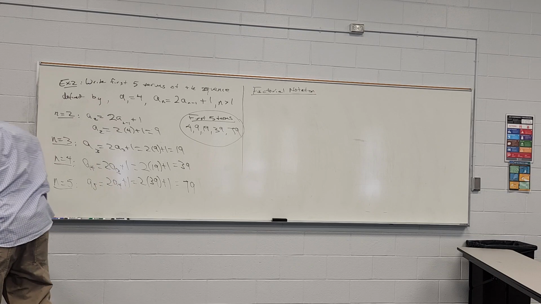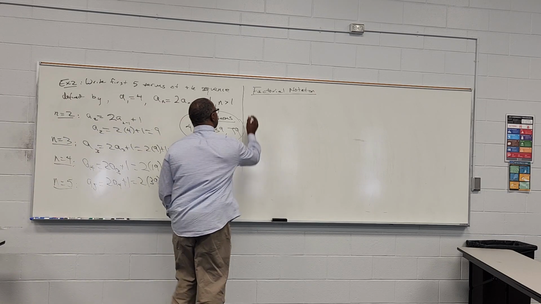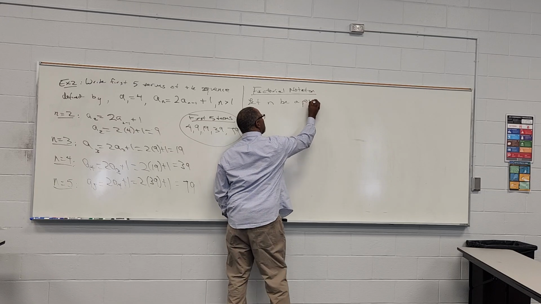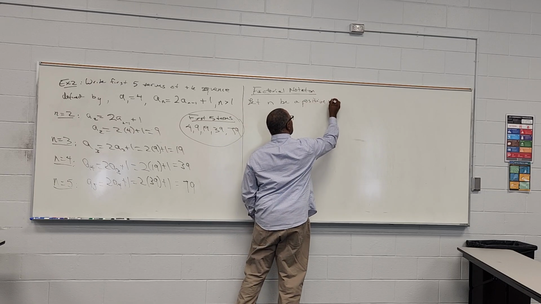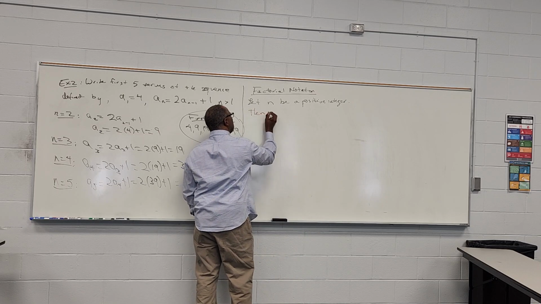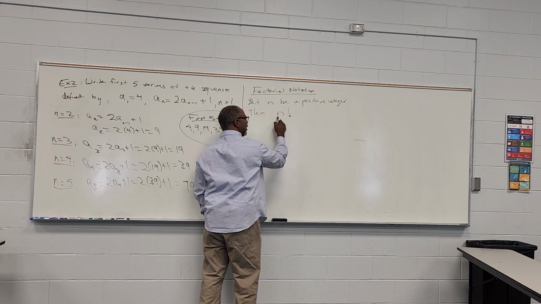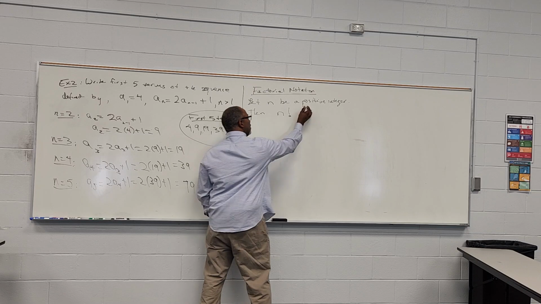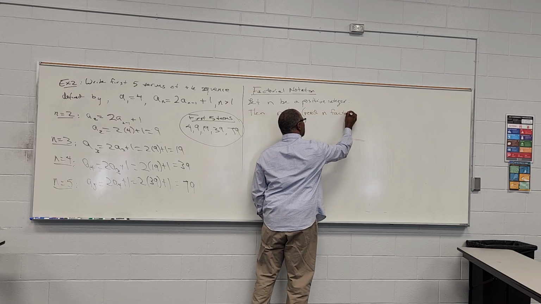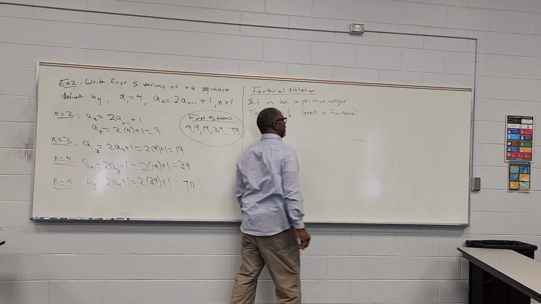Okay. Let n be a positive integer. Then n factorial, that's an n with an exclamation point. And the way we read this, we read it n factorial, and that's how we'll write it.